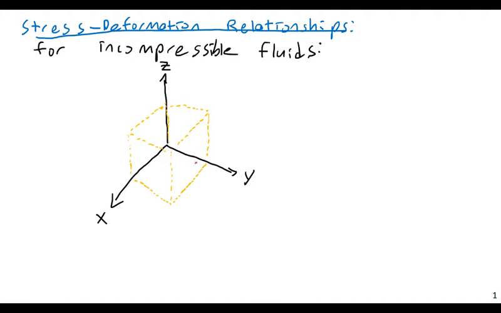On this face, I'm going to call it sigma YY. On the top, in the XY plane, I would have sigma ZZ. And then on the X face, I would have a stress sigma XX.